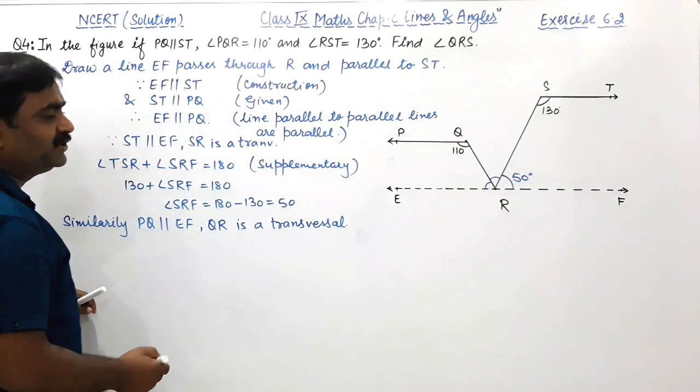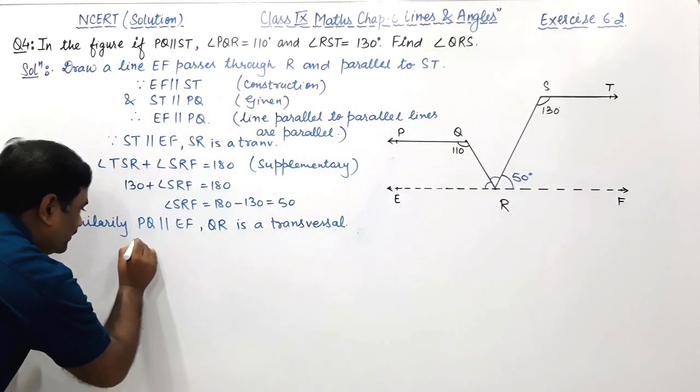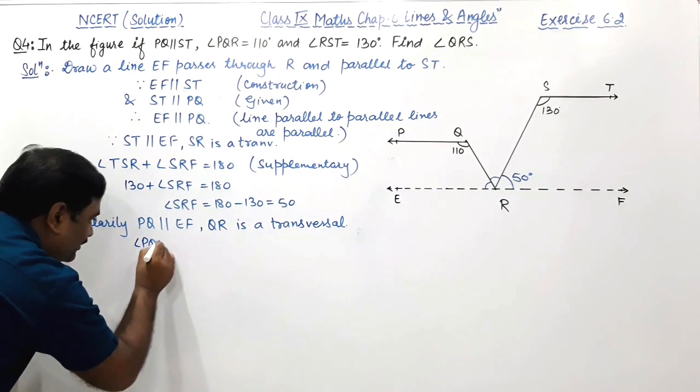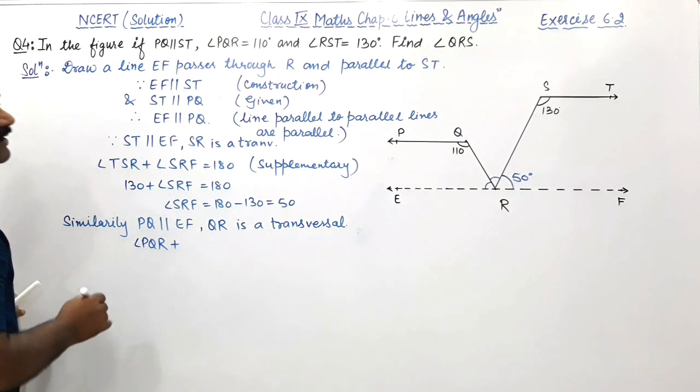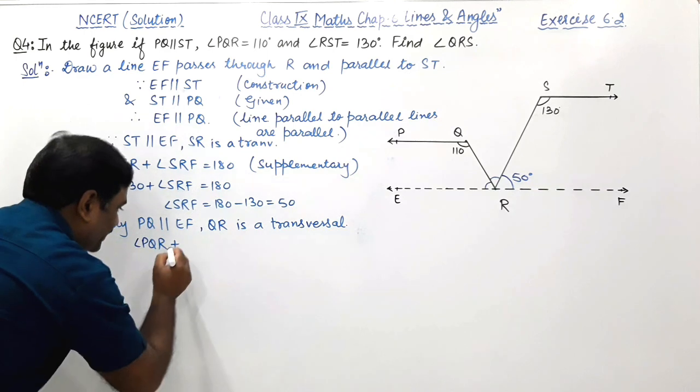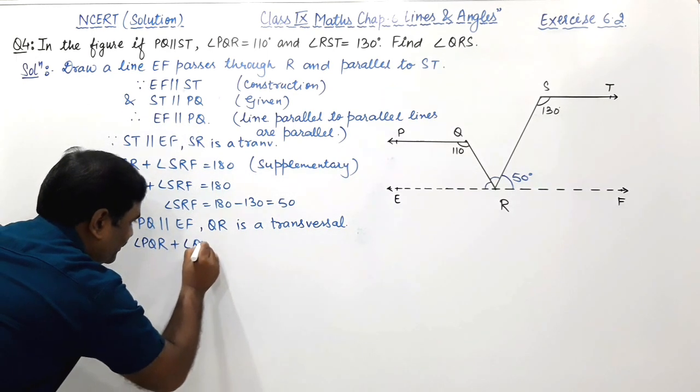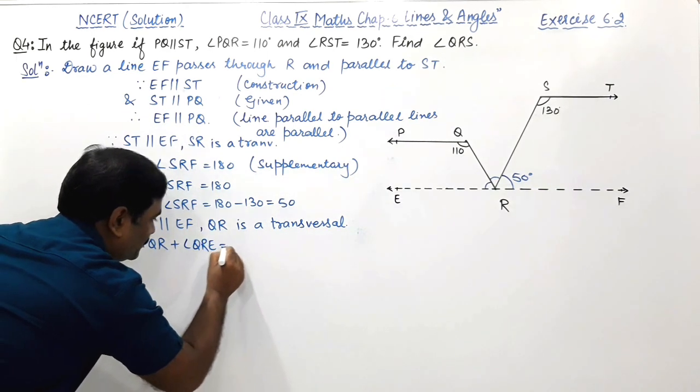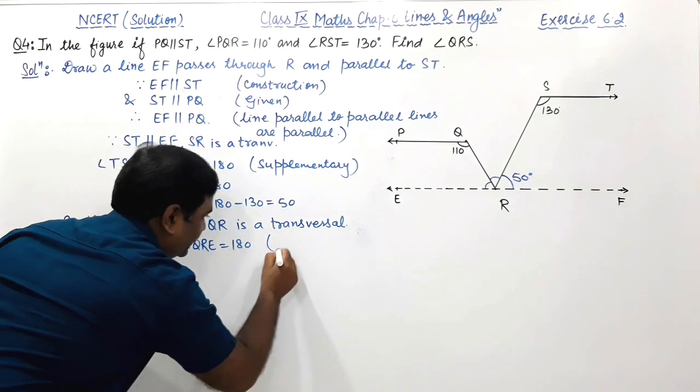Supplementary means angle PQR plus angle QRE equals 180 degrees.